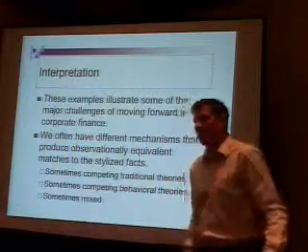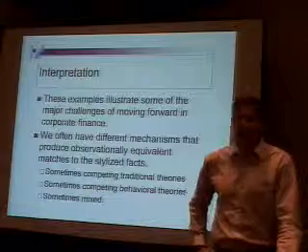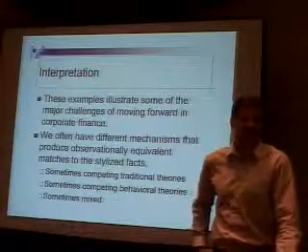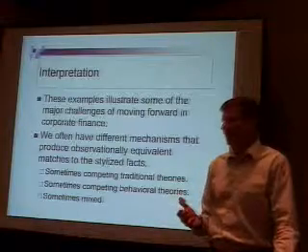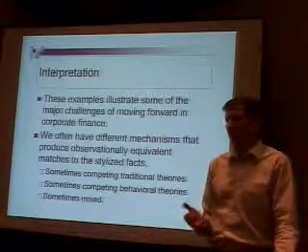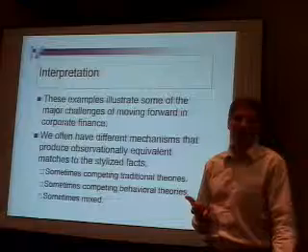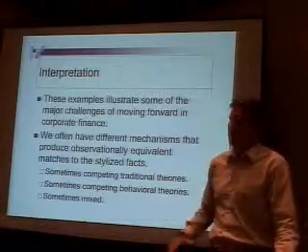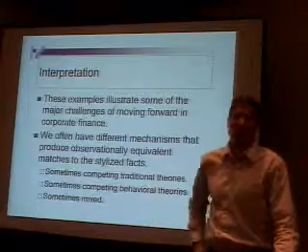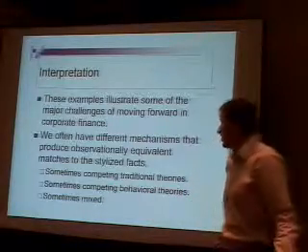So to me, I use these two examples to illustrate just how difficult it is to construct powerful tests that allow us to discriminate between different stories for the same observed phenomenon, right? And I think that you can think of lots of other examples where we face these same problems, right?